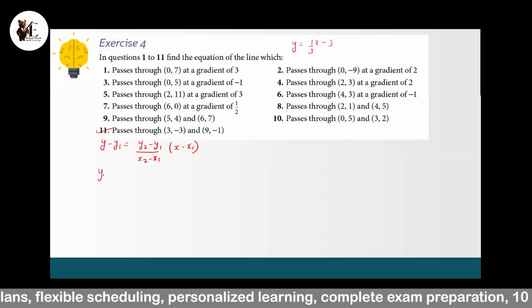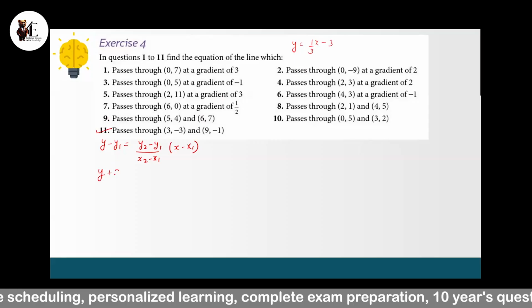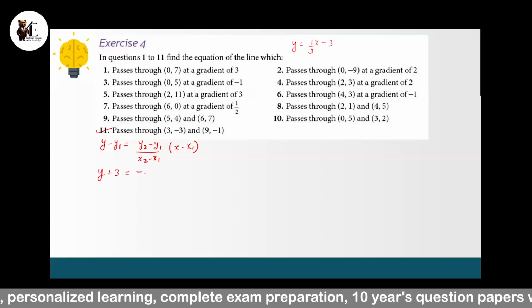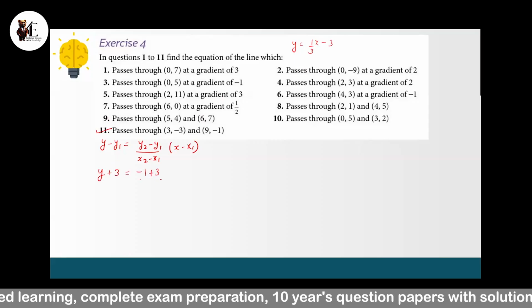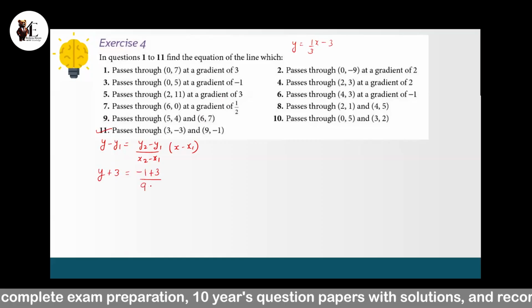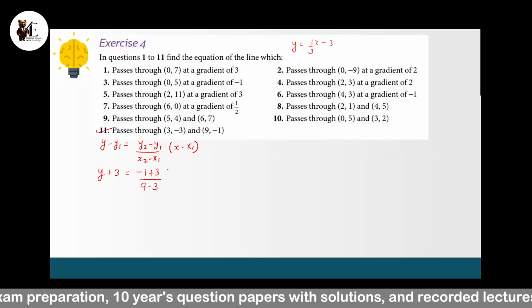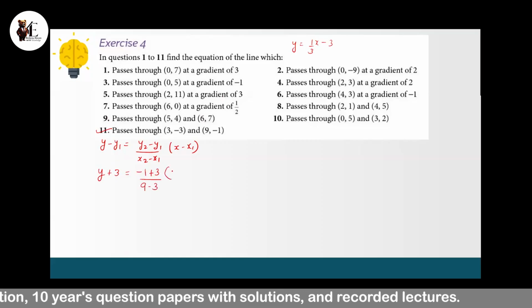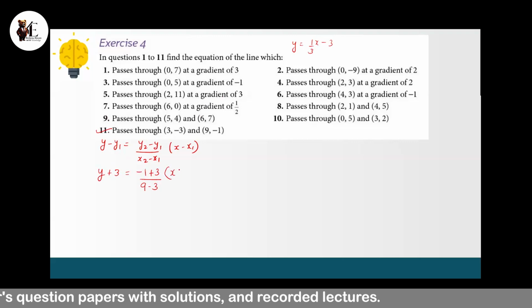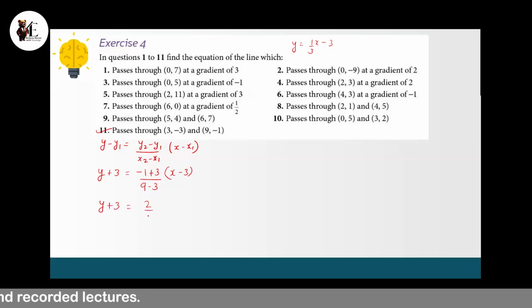So y1 is minus 3, so it will become positive 3. Y2 is minus 1 plus 3. X2 minus x1, that is 9 minus 3. So x minus x1, that is x minus 3, correct. So y plus 3 is equals to 2 over 6 x minus 3.